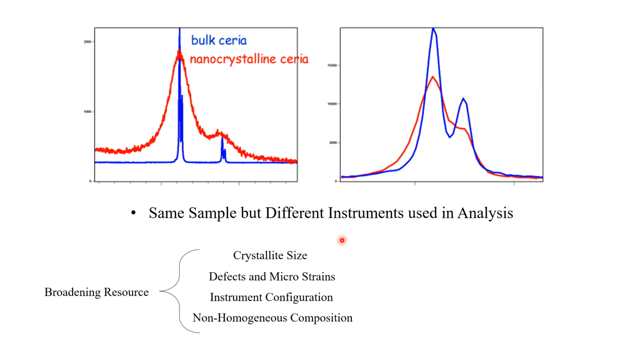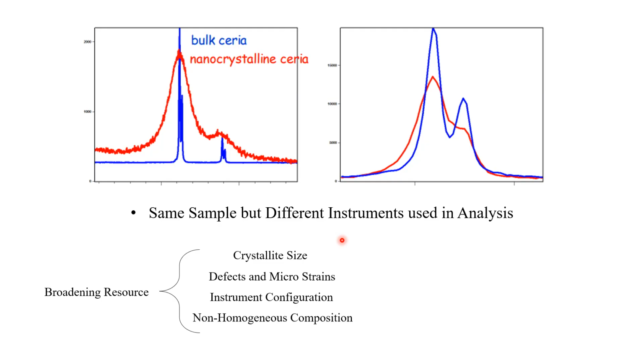As an example, when we look at the XRD pattern of bulk and non-crystalline cerium oxide, we can see that there is a broadening in the XRD pattern of non-crystalline cerium oxide. That can be from internal features such as defects and grain boundaries.